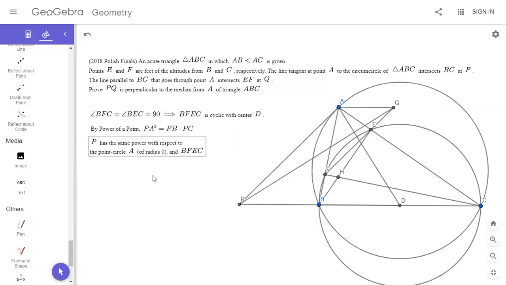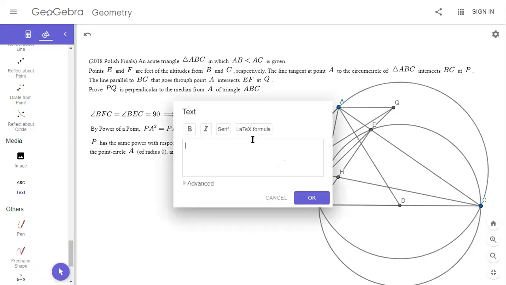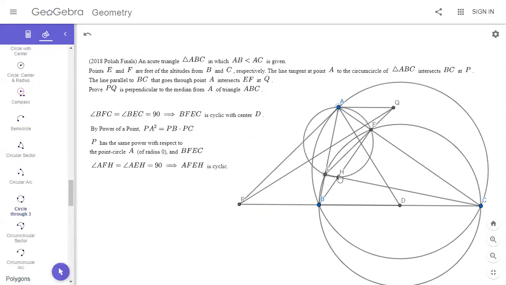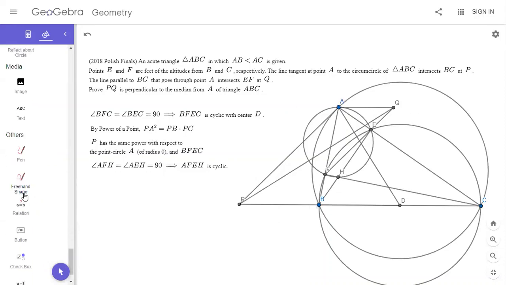And then Q, we can show something similar. AFHE is cyclic, so that's pretty obvious. And it's well known that AQ is tangent to that circle, so I'm going to draw it in. Since AH is a diameter and it's perpendicular to BC, it's clear that QA is tangent to that circle.